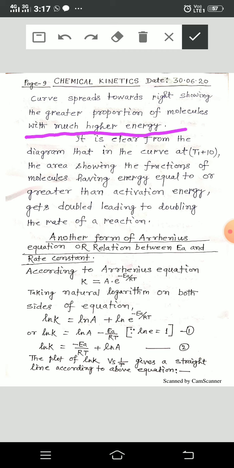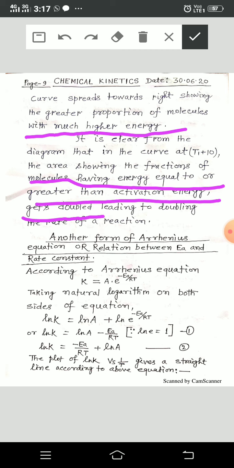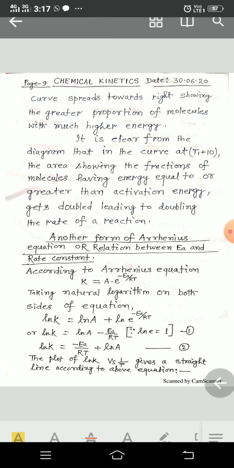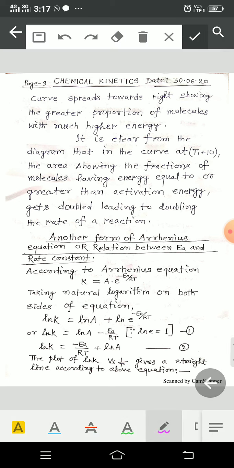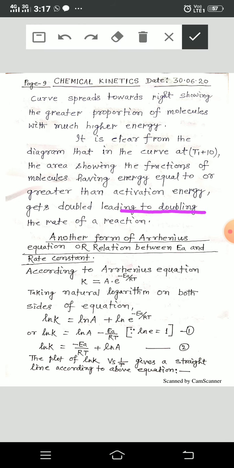It is clear from the diagram that in the curve at T1 plus 10, the area showing the fraction of molecules having energy equal to or greater than activation energy gets doubled, leading to doubling of the rate of reaction.